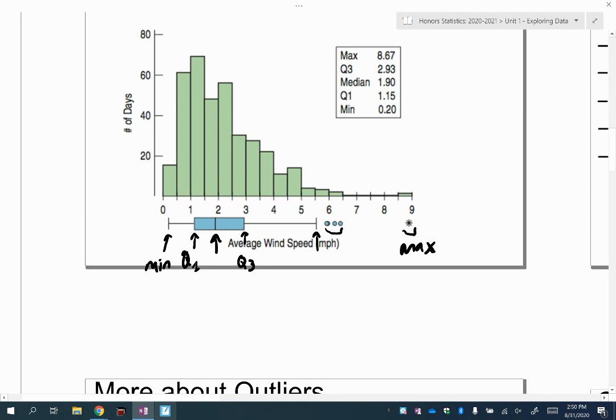So I'm going to show you later in the virtual class how to calculate this, but ultimately this point here is the farthest data value that is still inside what we're going to call a fence, and we're going to create those fences to determine if something is an outlier or not. So as I said, usually that will be the max. In this case, it's not the max because we have outliers present.